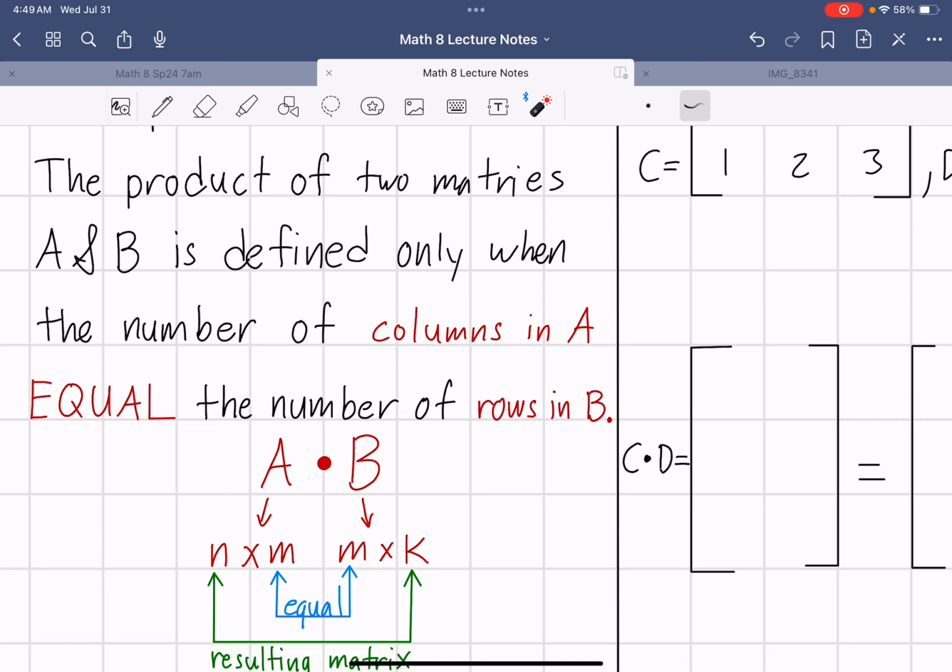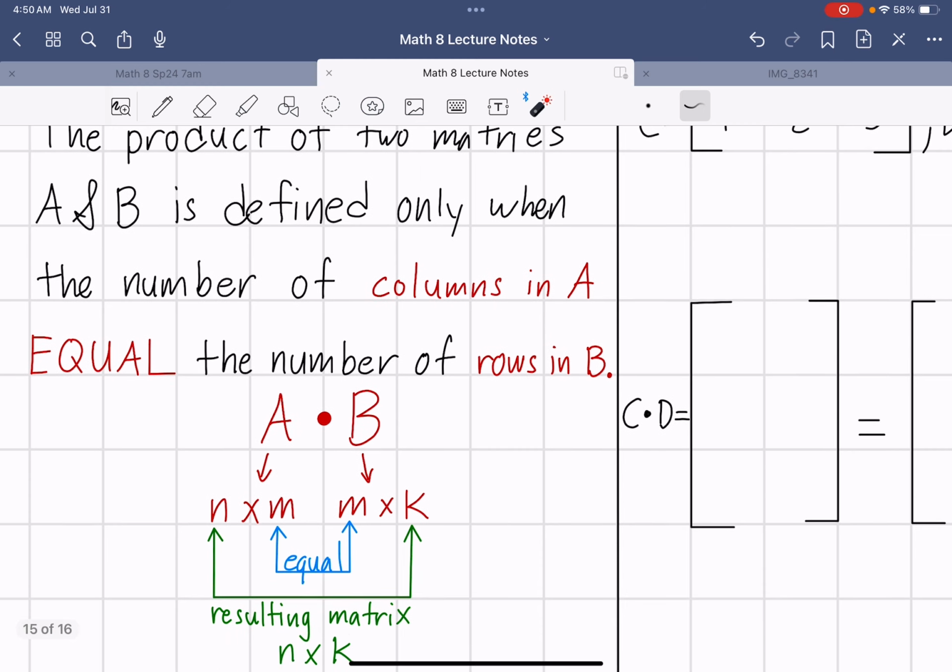For example, the commutative property of multiplication with matrices does not always exist. Sometimes it works, sometimes it doesn't, because you might not have these matching dimensions. So if you list them out next to each other, you need to have these two equal.